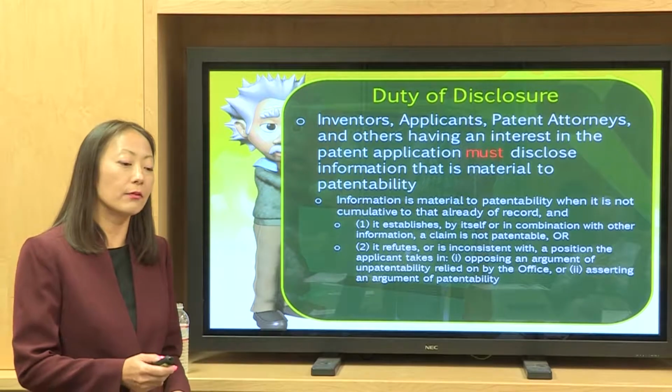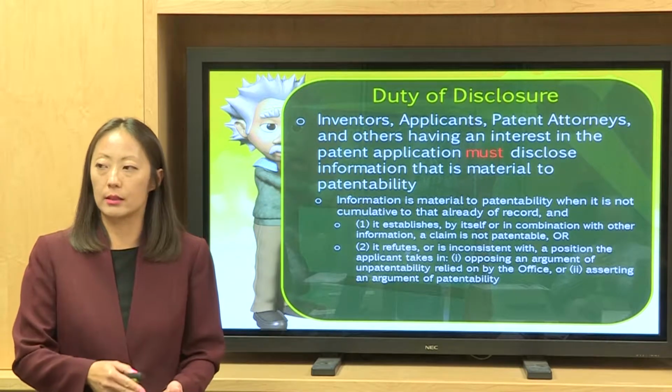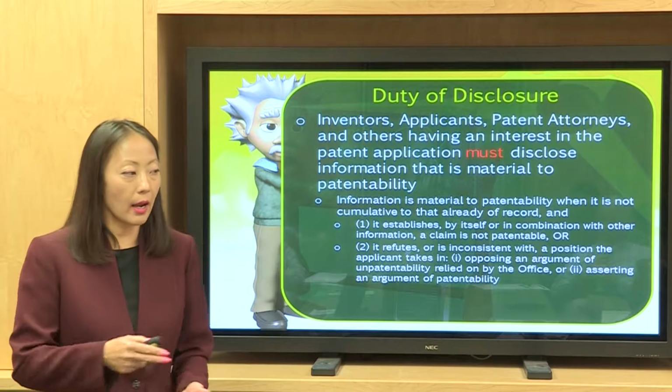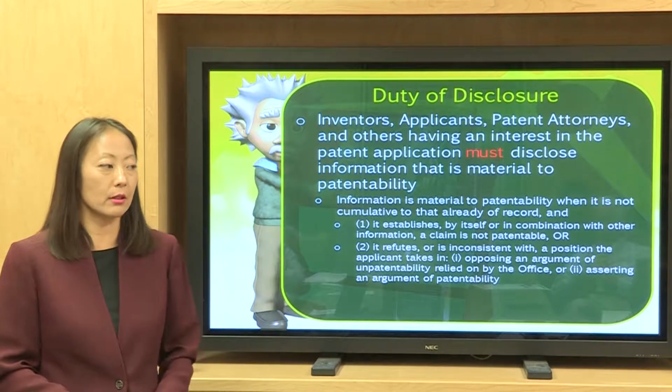And so this is very important. And this duty of disclosure is from beginning to end. It's until the patent actually finally issues, and then that is when the duty of disclosure ends.